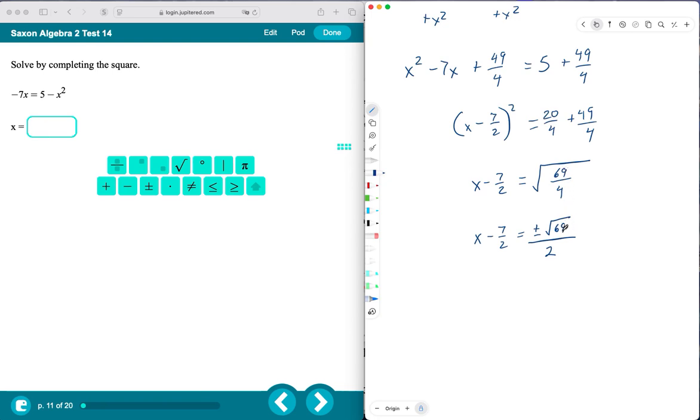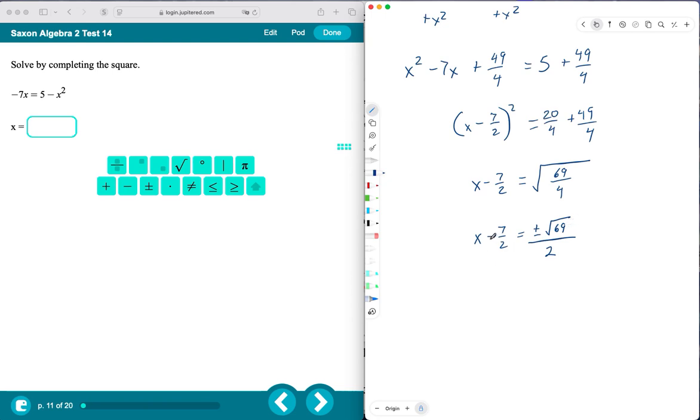And 69 is going to be the same as 3 times 13. We can't reduce that any. That's as far as we can go with that. I'm sorry, 3 times 23, not 13. But 3 times 23 is 69. 23 is a prime number. 3 is a prime number. We can't do anything else with that, so it is what it is.